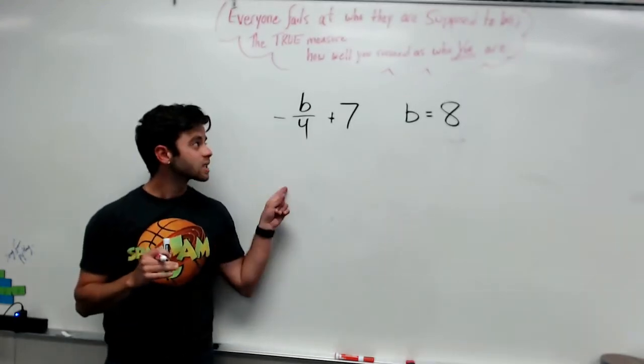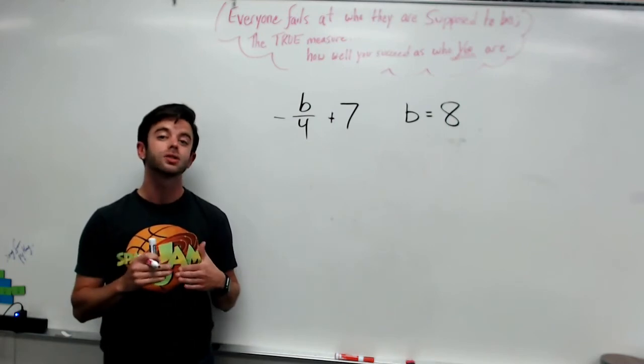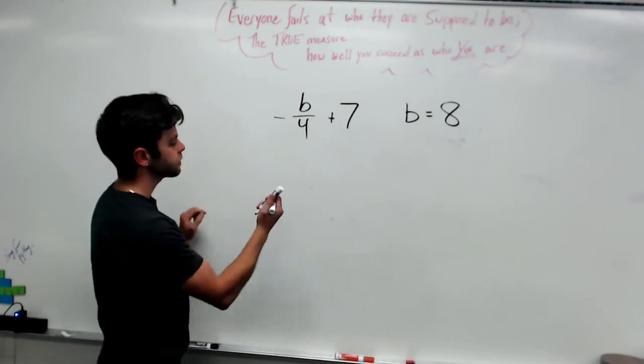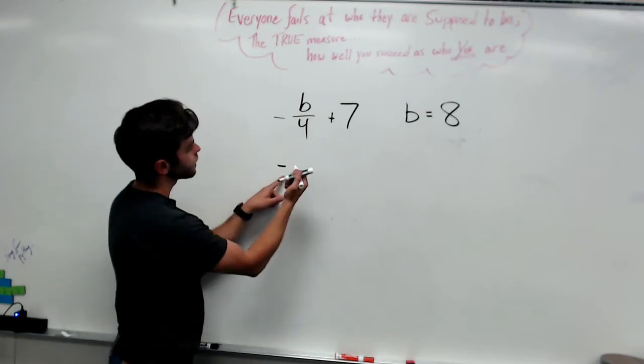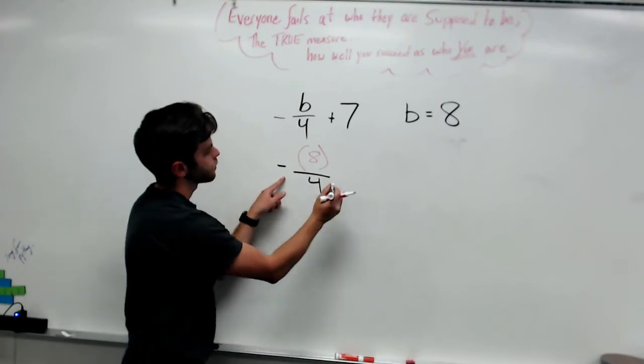All right, so this next one, that fraction, again, a fraction is just another way to write a division problem. So I'm going to go ahead and plug and chug. I have that negative, and I see a b, so I'm going to have that 8 divided by 4 plus 7.